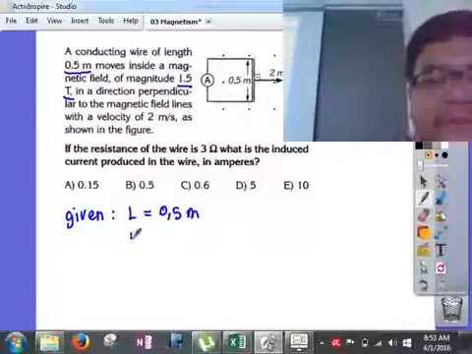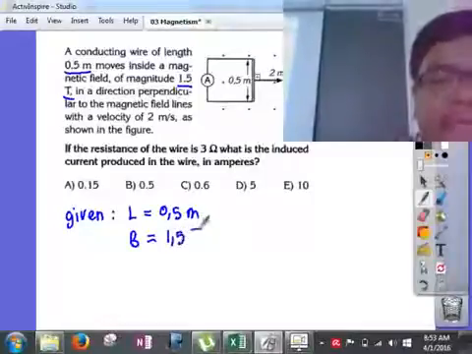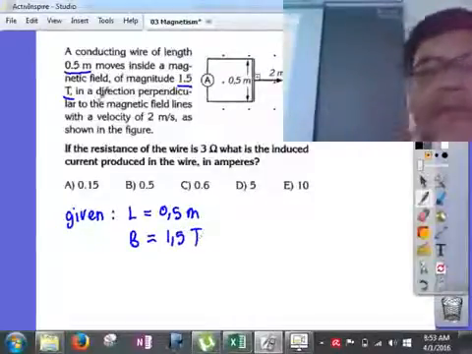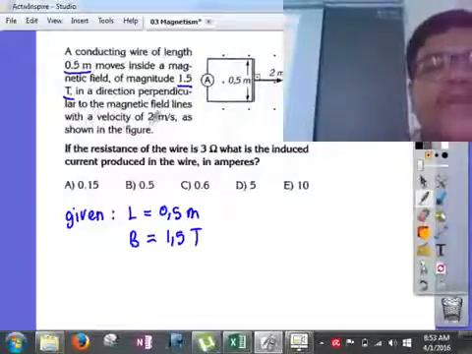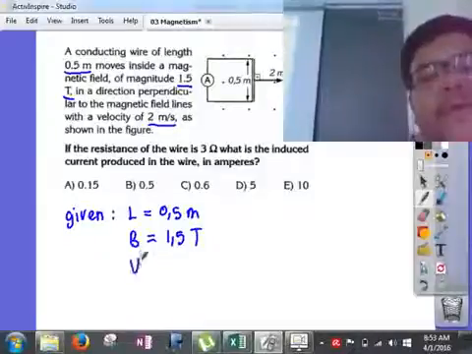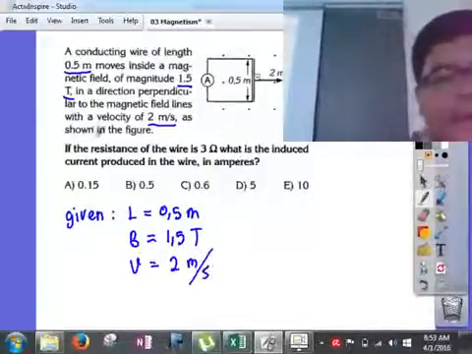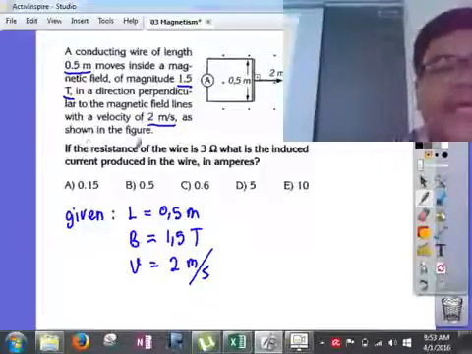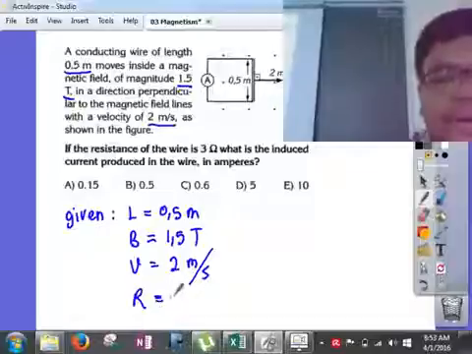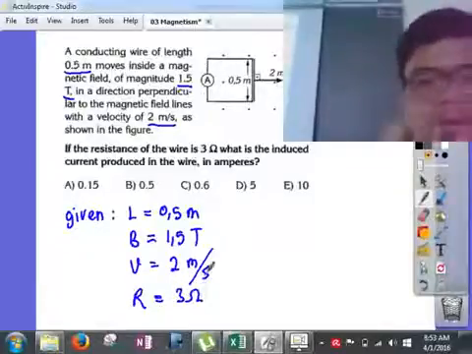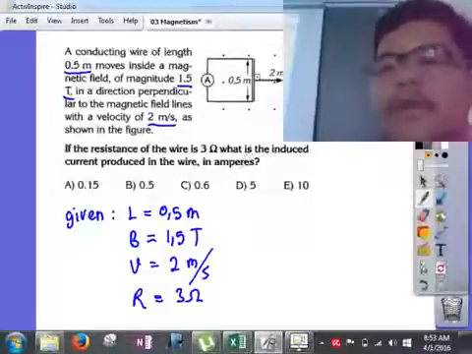Yeah, I forgot to check. The magnetic field is 1.5 Tesla, in a direction perpendicular to the magnetic field lines, with a velocity of 2 meters per second, as shown in the figure. If the resistance of the wire R is 3 ohm, what is the induced current produced in the wire in amperes?